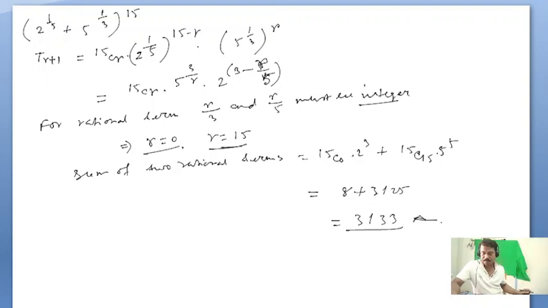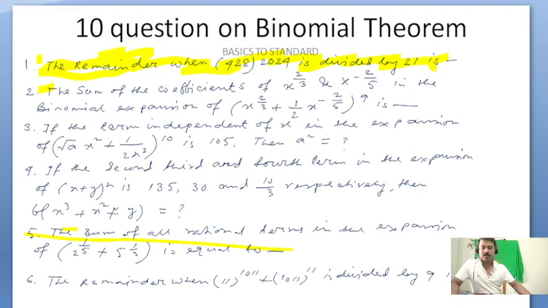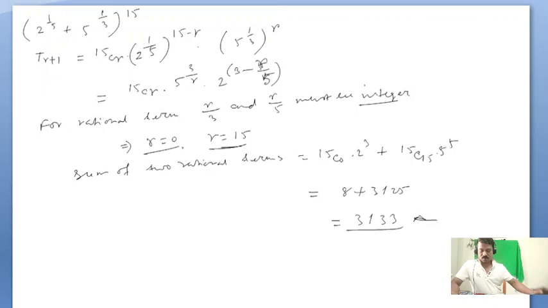Okay, come to the next problem. The remainder when the given two terms are divided by 9. Okay, so come here.